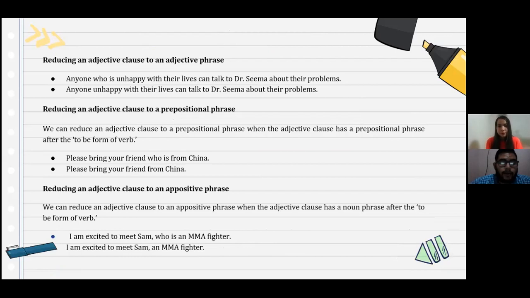And there are some types of reducing adjective clauses to adjective phrases. As I explained, there are types for describing how to use adjectives. And the next is: "Anyone who is unhappy in their life can talk to Dr. Sima about their problems."